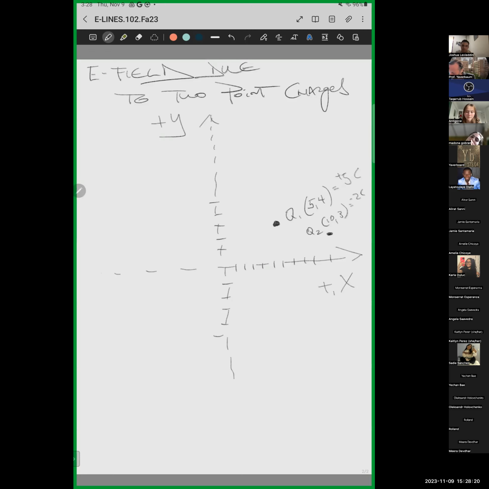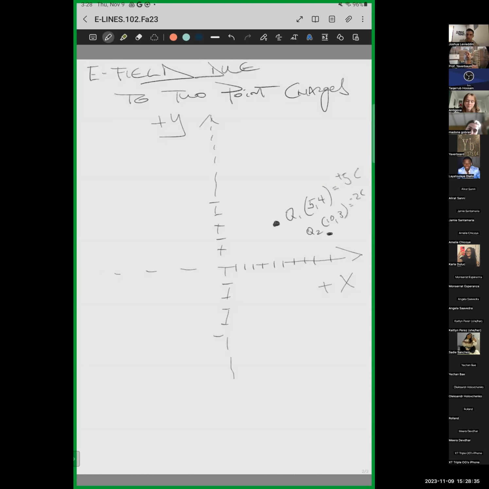Okay. So this is the situation. We've got a coordinate system. We've got 2 point charges in the coordinate plane, in the 2-dimensional space in which we're working. Those 2 point charges are what I'm considering the source of the electrostatic field. Each of them is creating its own contributions to the electrostatic field everywhere in the world.